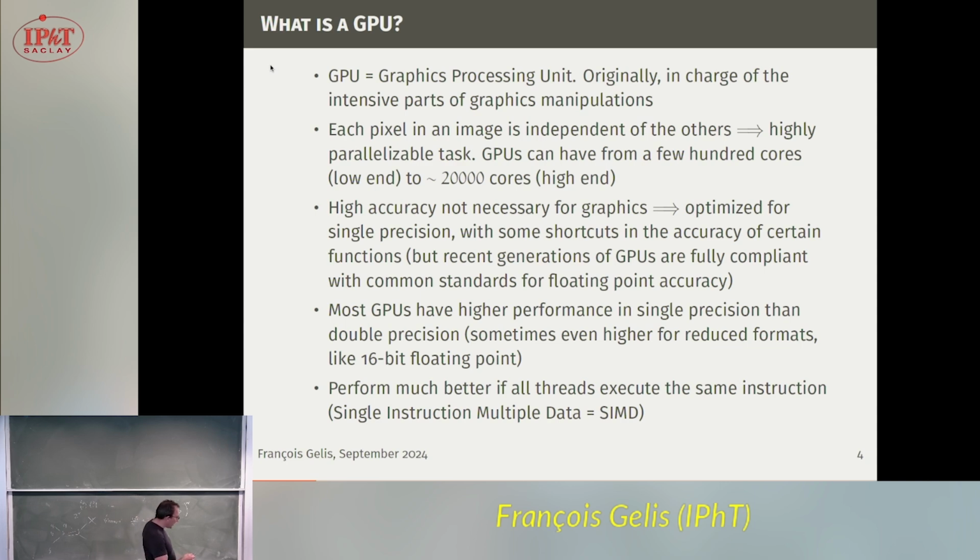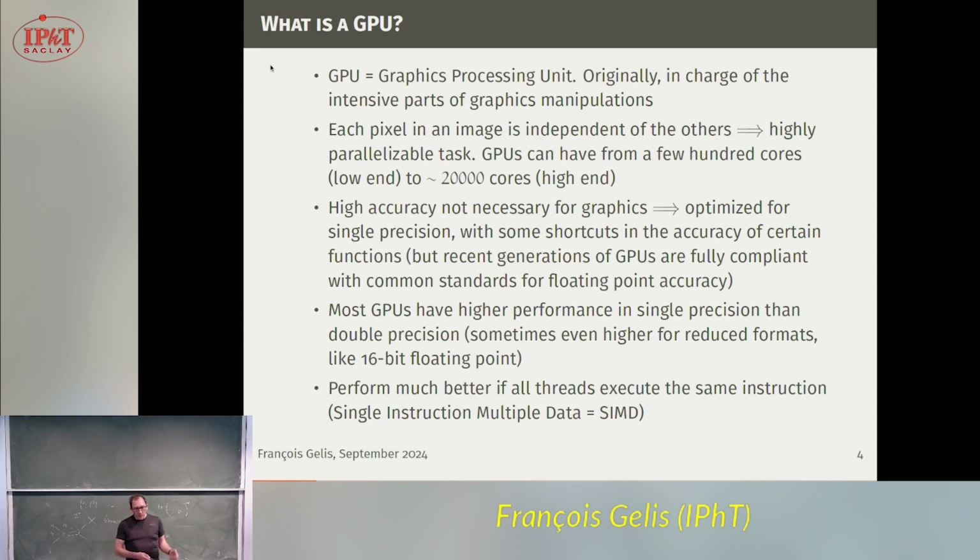Another limitation of GPUs, at least of common GPUs, is also coming from the fact that they came from the graphics industry. When you want to generate an image for a computer game, you don't need a super high accuracy.